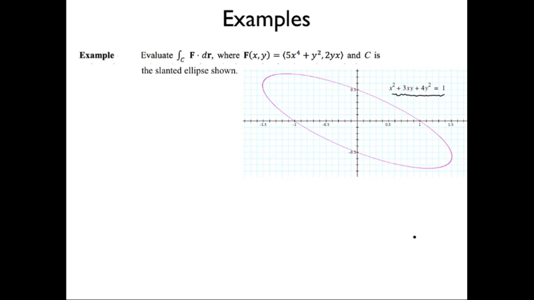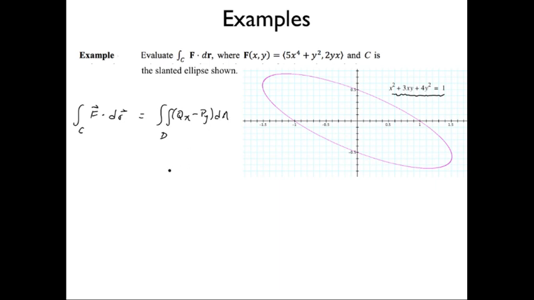So we certainly could try to evaluate that line integral, or what else could we do? Green's theorem would say that that thing is equal to the double integral over the closed region of Qx minus Py dA.